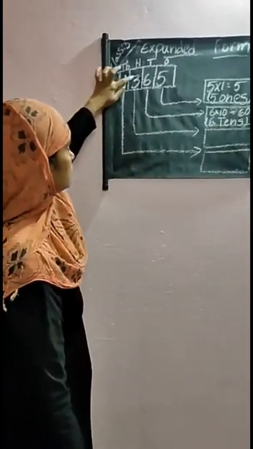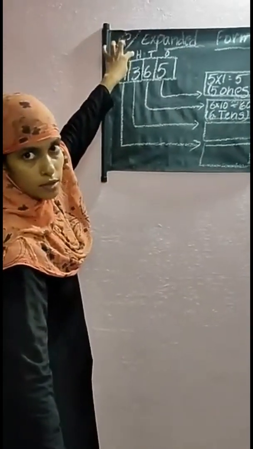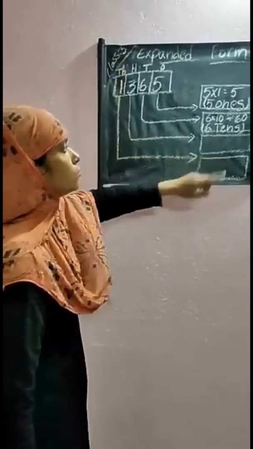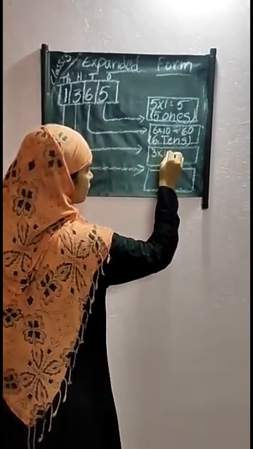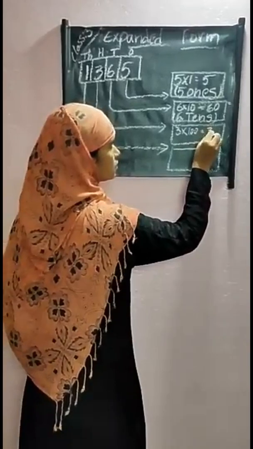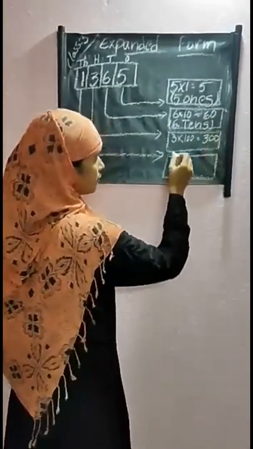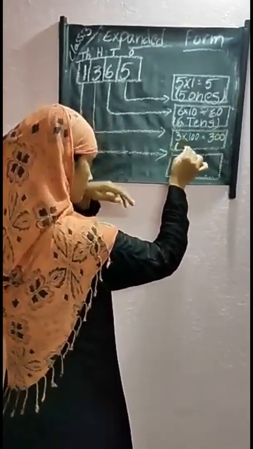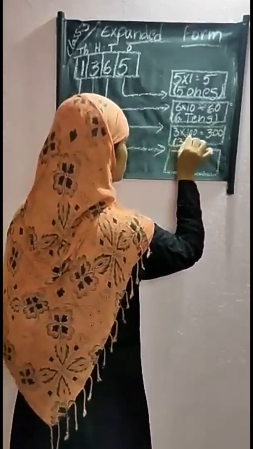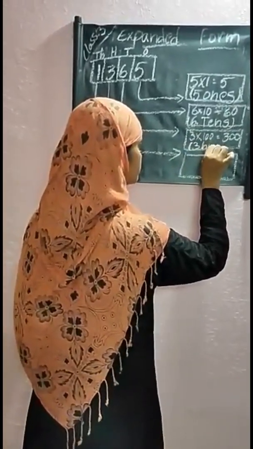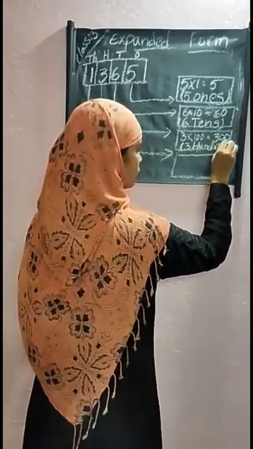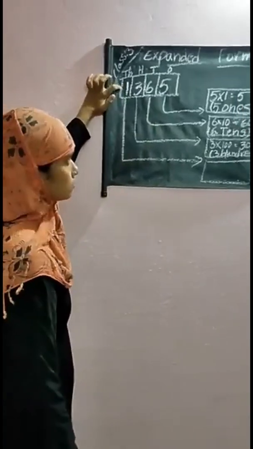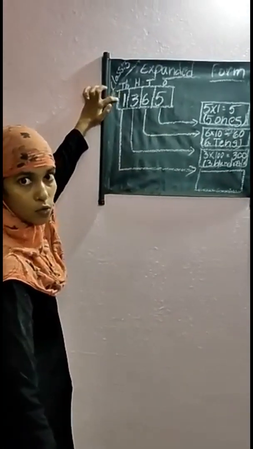Now 3 is in hundreds place, so we have to multiply with 100. 3 into 100, that is 300. Okay. Now last place, thousands place.